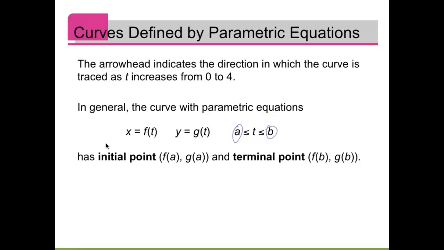And so then we have what's called an initial point, which would be f of a, g of a, and a terminal point, f of b, g of b. And when you graph these, you kind of want to indicate the direction that it's being graphed, because it does have a direction, as you can see in my calculator, or in your calculator. When it traces out, it's tracing out between your t-min and your t-max. So it's starting at t-min, which it's getting its initial point for, and it's ending at your t-max, which it's getting your terminal point from.